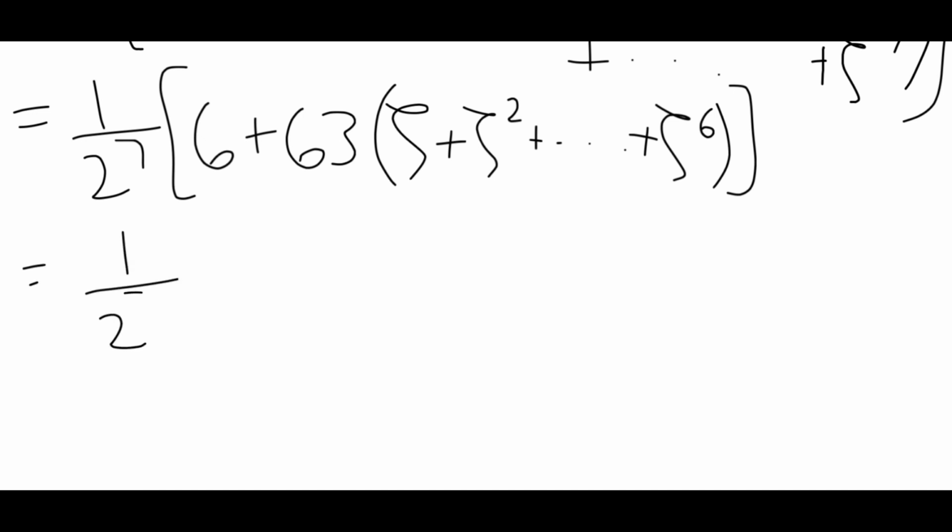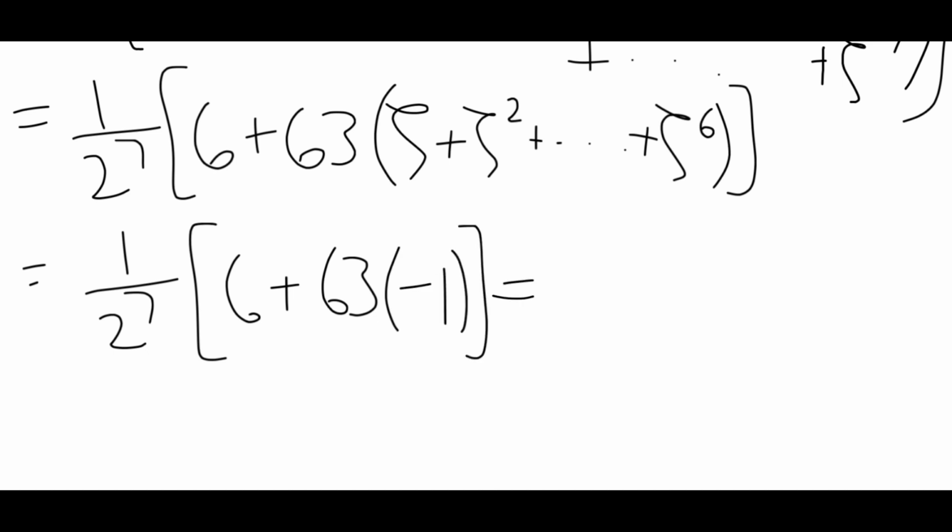And now all the 7th roots of unity add up to 0. So if I exclude 1, my sum is minus 1. So I get 6 minus 63, that's negative 57 all over 128.